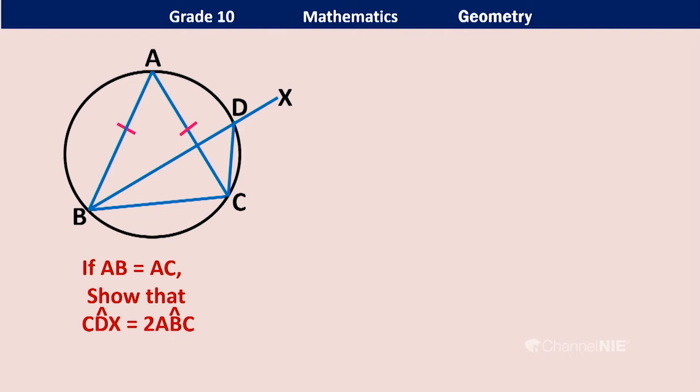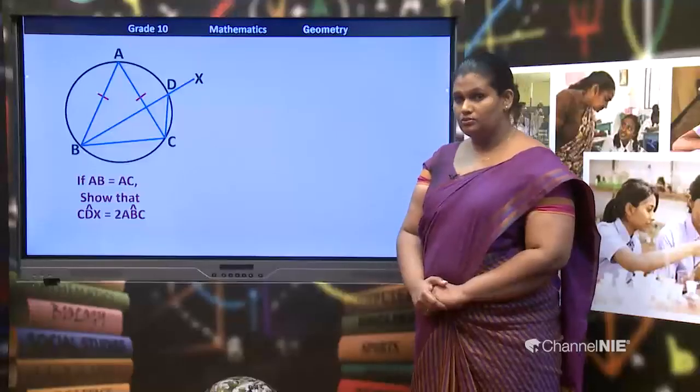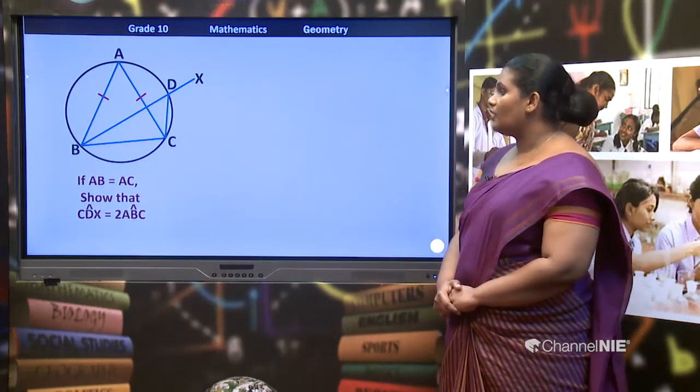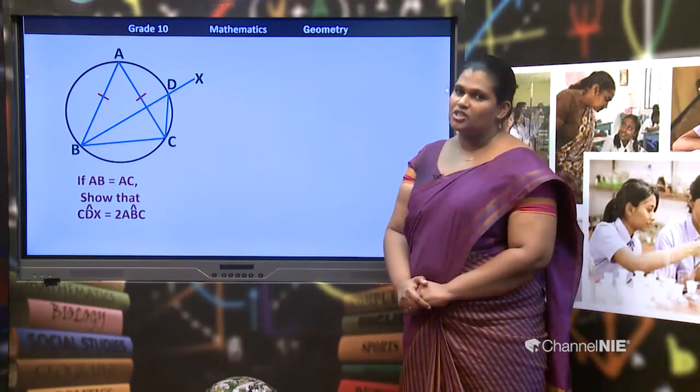So, first of all, we will see what these two angles are. Angle CDX is equal to twice of angle ABC, right. Now, using the knowledge we have got about the three theorems we learnt in the previous lesson, we have to show this relationship.